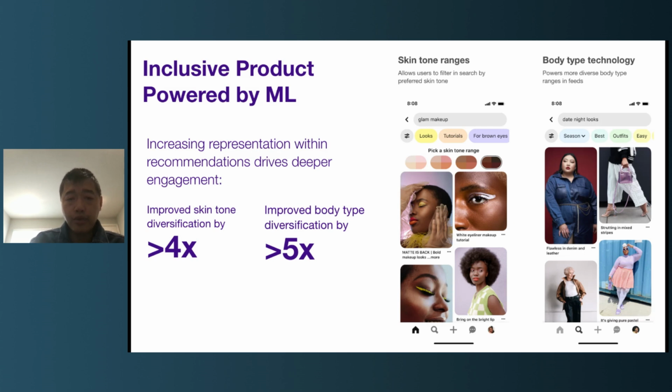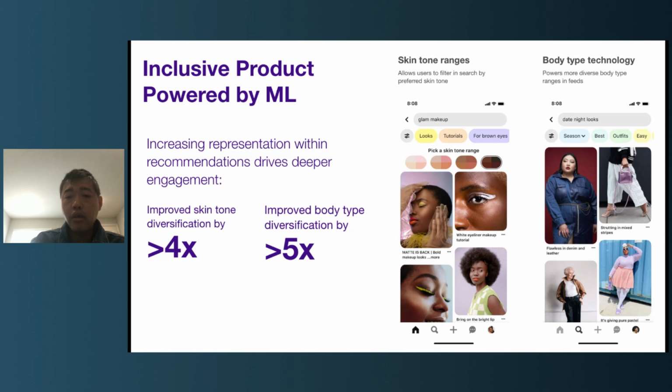We want every user, regardless of their background, to feel celebrated on Pinterest. First, we have launched industry-leading experiences like skin tone ranges, which give pinners the tools to find the beauty results that are just right for them and their complexion. This work improved skin tone diversification in recommendations by more than 4 times.